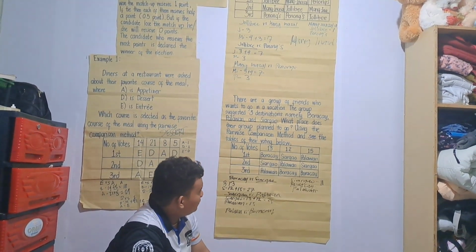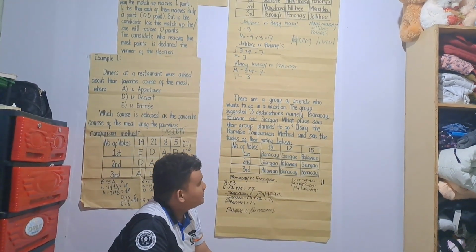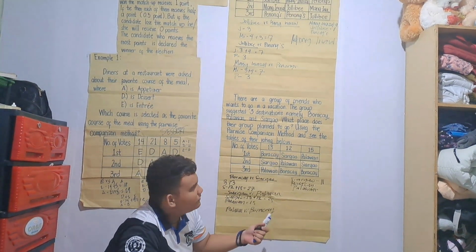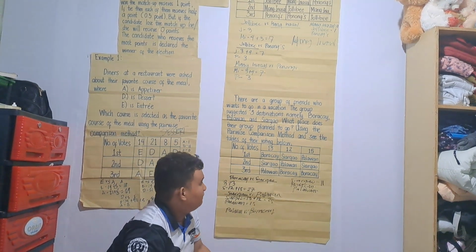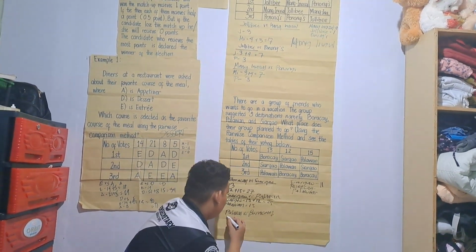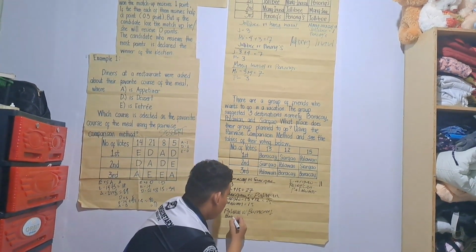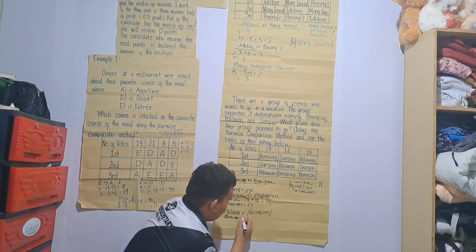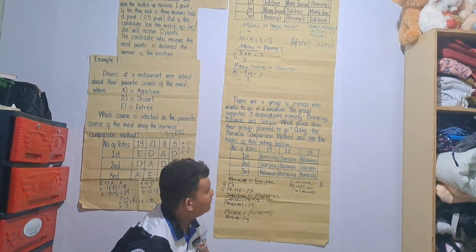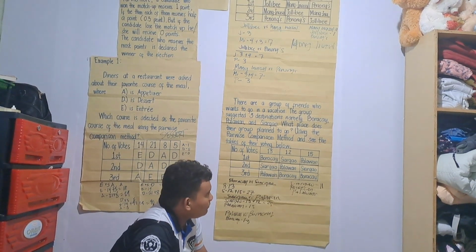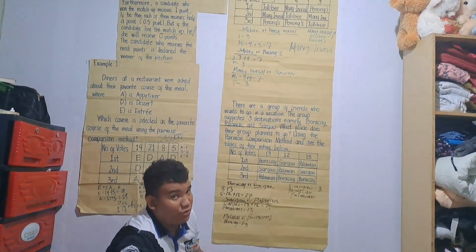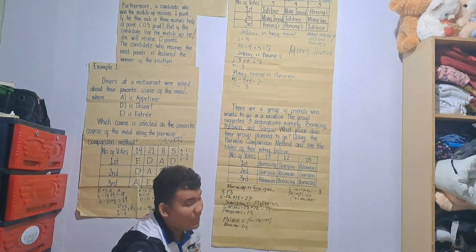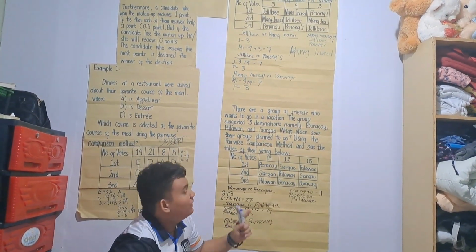So sa first column, 13 voters choose Boracay instead of Palawan. So Boracay has 13. Then sa second column, 12 voters choose Palawan then Boracay.